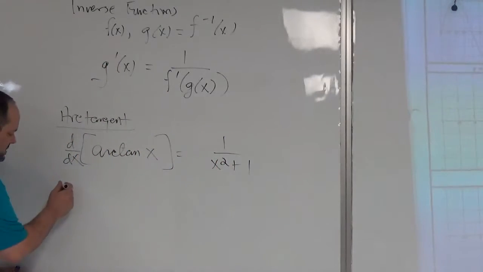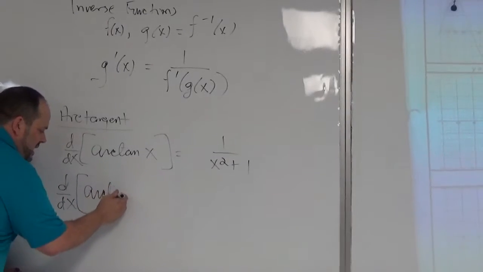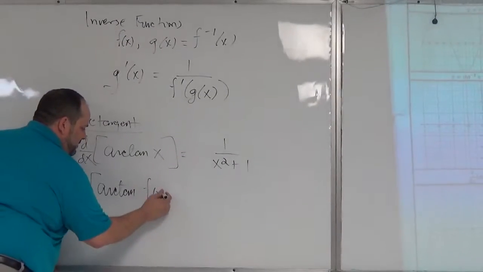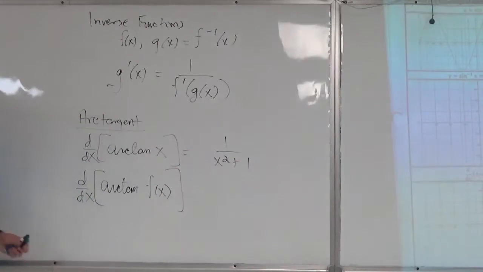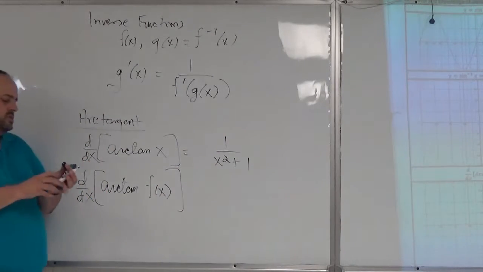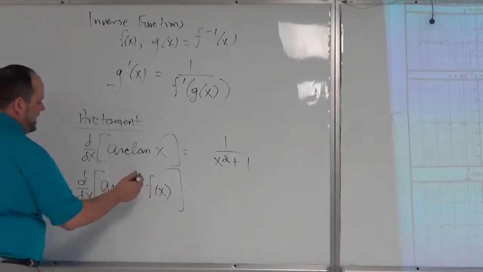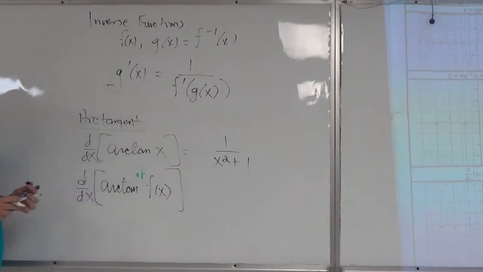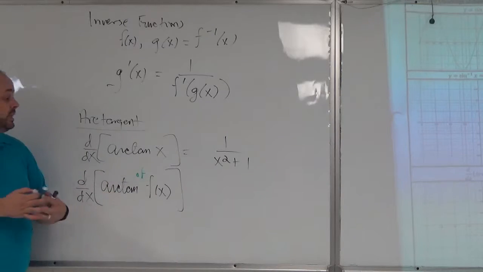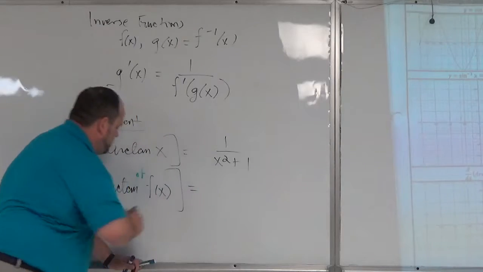Now, eventually we're going to start looking at the derivative of arc tan of stuff. As soon as I said arctan of, you guys keyed in right away and you know exactly what's going to happen here. Derivative of arctangent of stuff: chain rule. And what does the chain rule tell me to do?